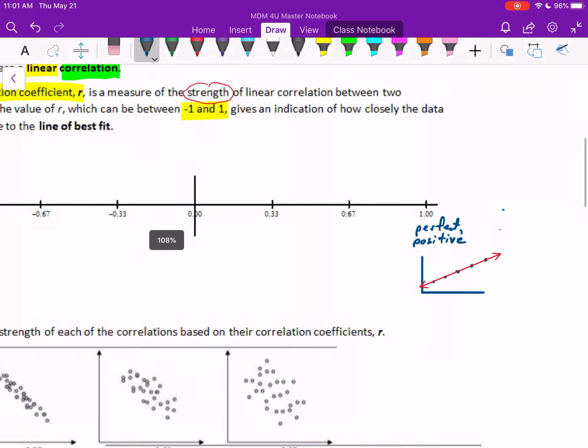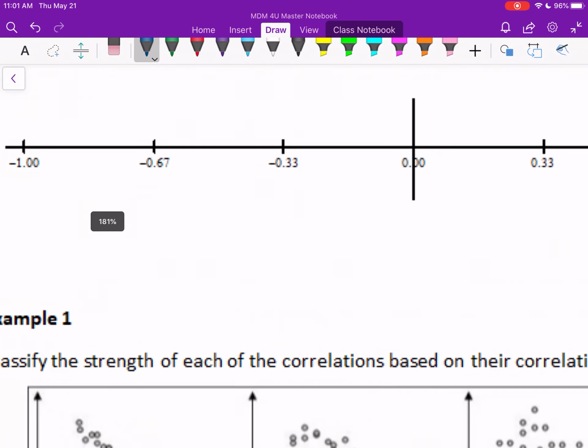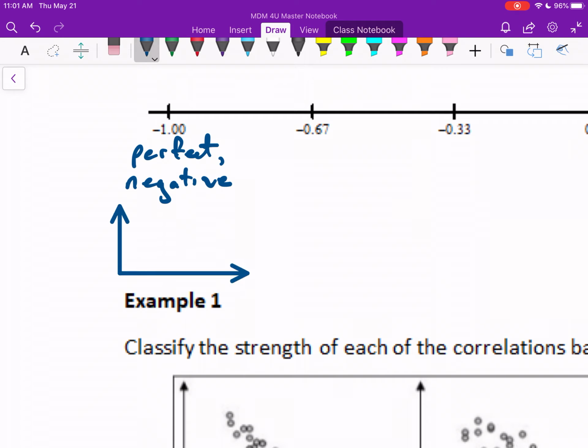And so that leads me to maybe jump to the other end of the line where we've got -1. This is still also a perfect correlation, but it's a negative correlation, which means that I'm still going to have my points in a perfect straight line on a scatter plot, but now they are going to go downwards from left to right.